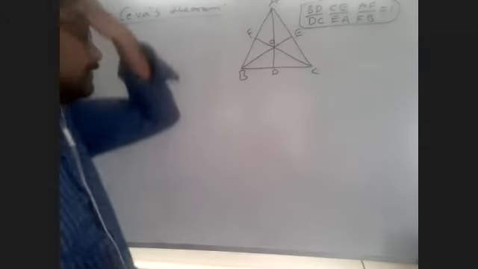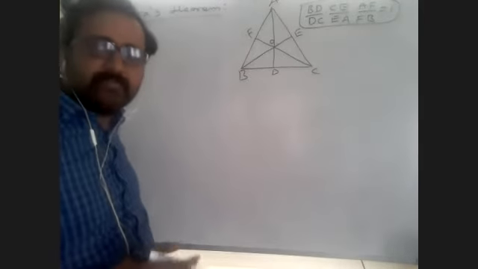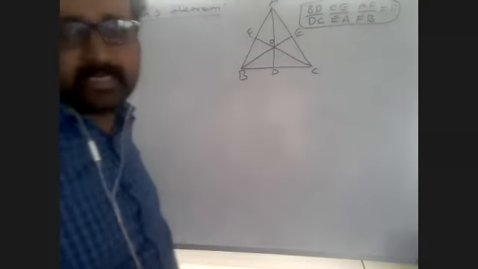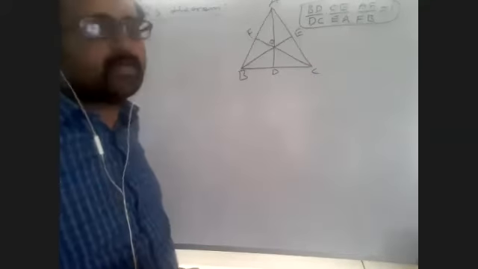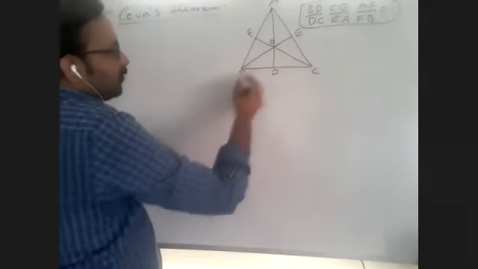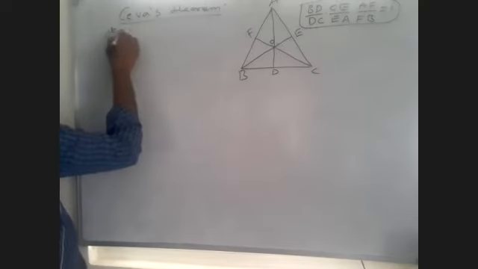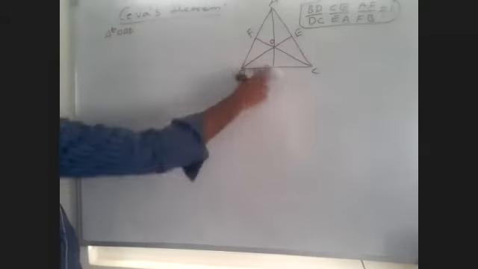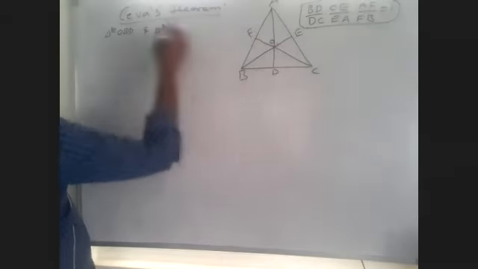We know the area of the triangle, if height and base we have, then the formula is area equal to half base into height. That is the formula. See, first I am taking triangle OBD and triangle ODC.